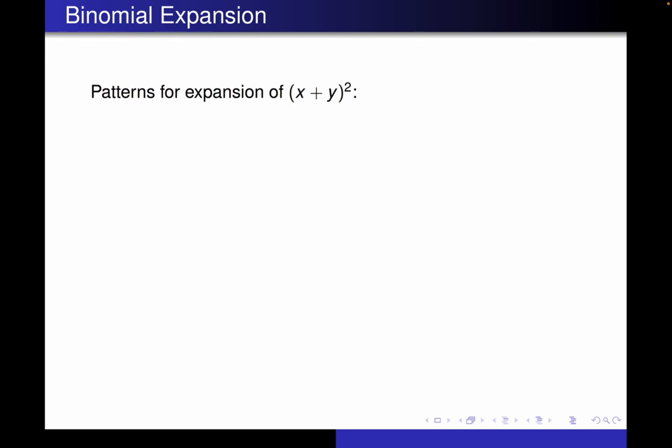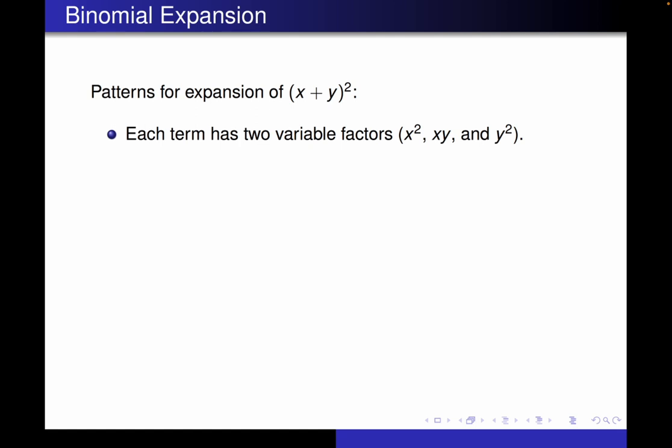I want to make some observations about some of the patterns in here, because we're going to be doing higher powers of x plus y in a bit, and we want to make those computations a little easier. First of all, each term has two variable factors: x squared, xy, y squared.